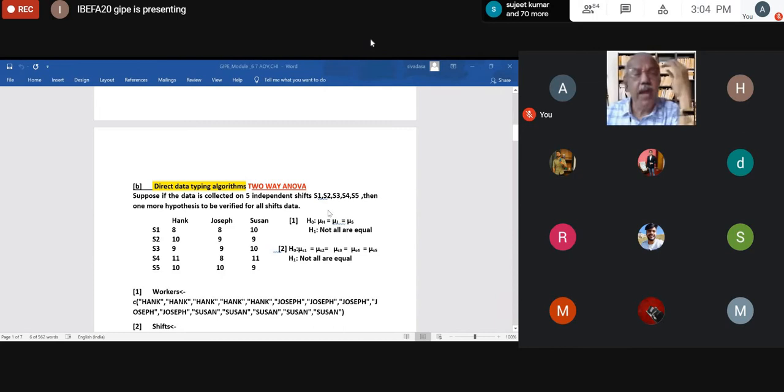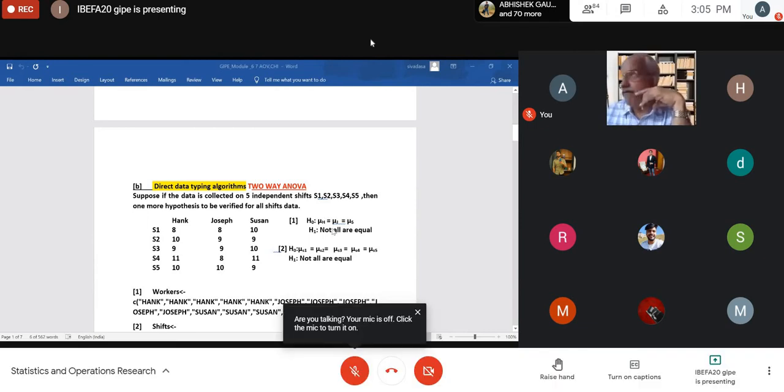But in two-way ANOVA, the data will be equal, row-wise and column-wise. So there are 2 hypotheses. One, comparison of workers. Two, comparison among shift averages.